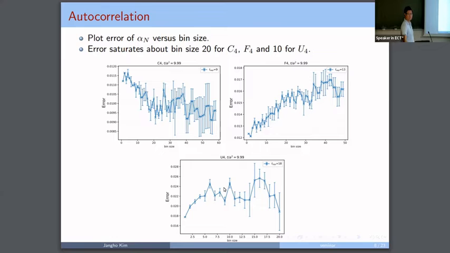Understand where the direction of the error changes from one to the other. If the error is smaller, maybe that is related to the autocorrelation between the measurements on that ensemble.